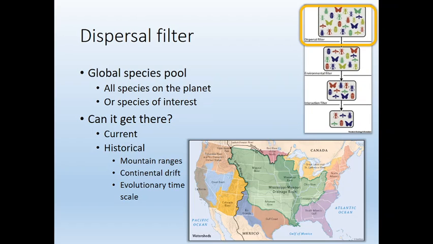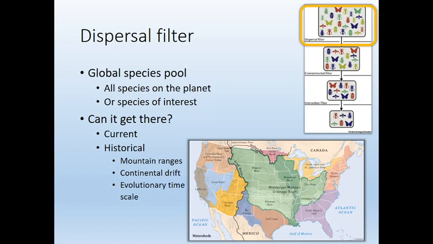And at the first level, we think about, can the species actually get there? We take the global species pool and filter it down into all the species that can either get there now or historically could have gotten there.